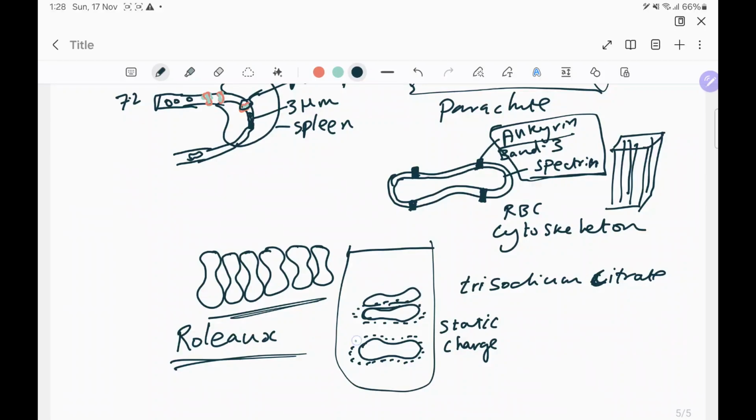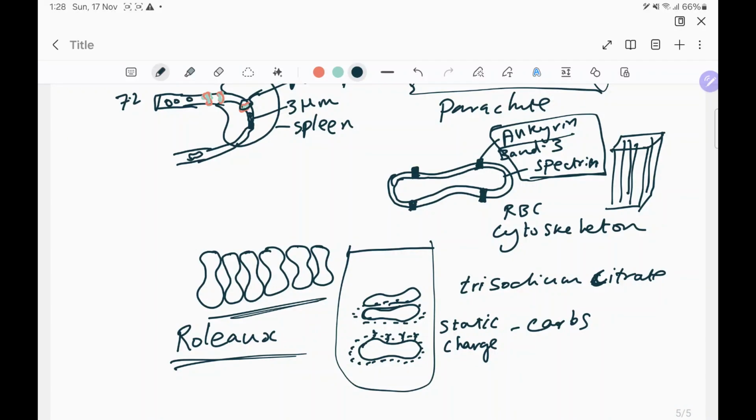How is that? This negative charge is made by carbohydrates, by the way. So remember the cell membrane chapter, which we did in the cell membrane lecture? Yeah, these carbohydrates give a static charge. The static charge is caused by carbohydrates on the outside, the glycolipids and glycoproteins. These static charges repel each other.